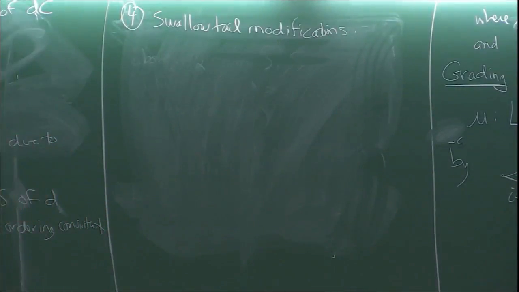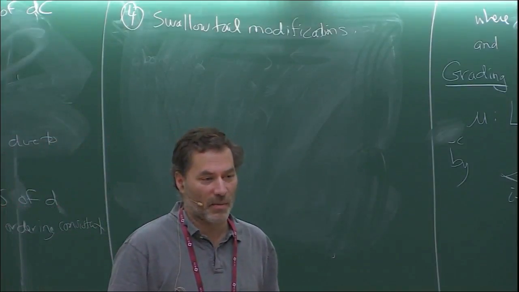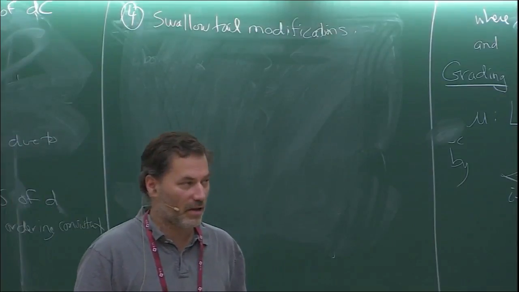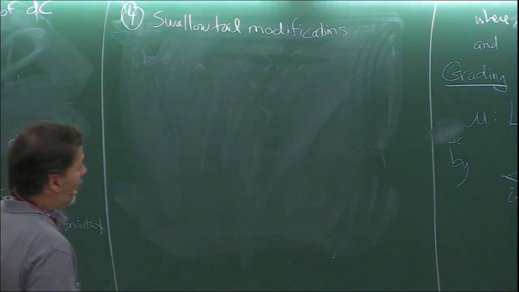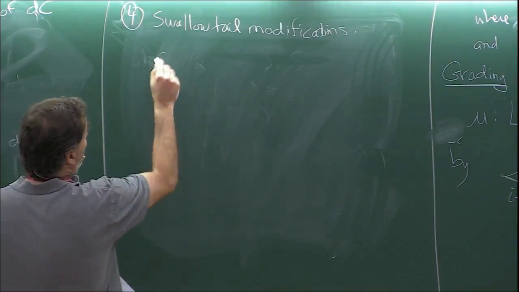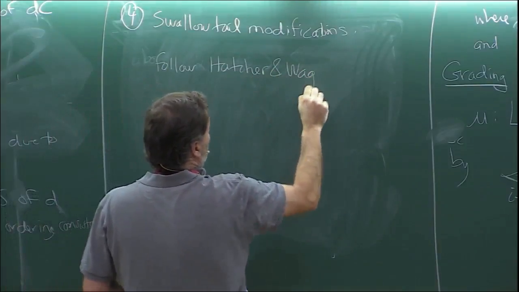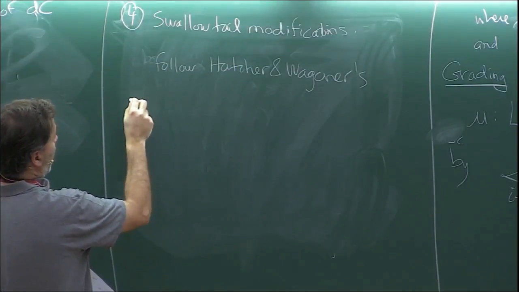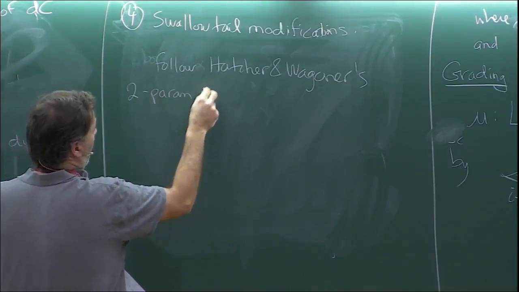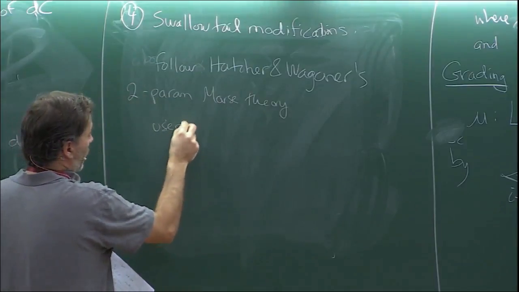Okay, swallowtail modifications. I didn't make it to the Morse theory talk, so I don't know how much was discussed. But I'll just mention that what you do here is you follow Hatcher and Wagoner's two-parameter Morse theory used for pseudo-isotopies.